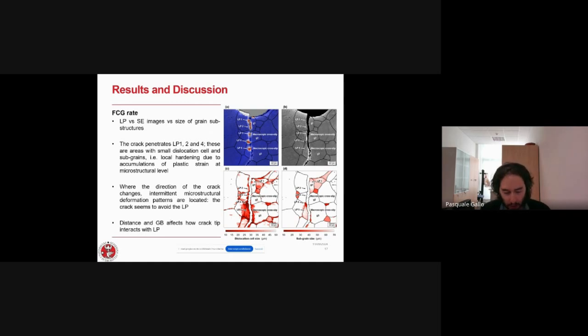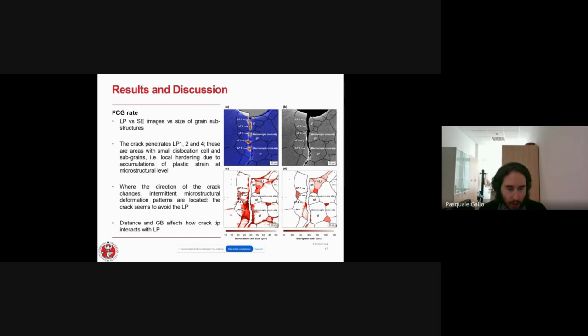In other cases where the retardation was not so evident, instead, we noticed that the crack would try to change direction, and we found a lot of macroscopic cross slip, and the crack somehow avoided the strain localization, and in that case, as I said, the retardation was minor. Another aspect we notice is that distance, and of course also the grain boundaries, affect how the crack tip is interacting with the strain localization.